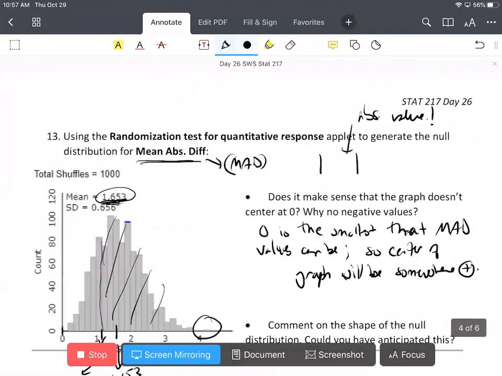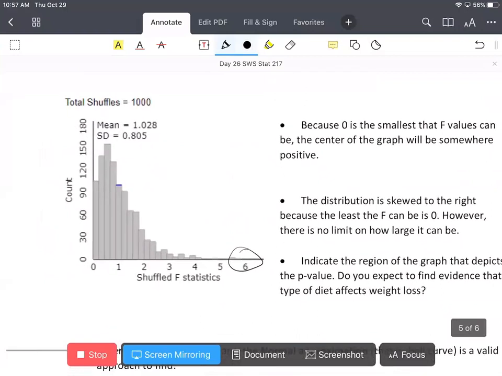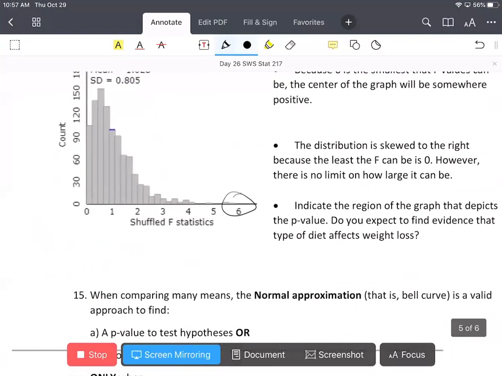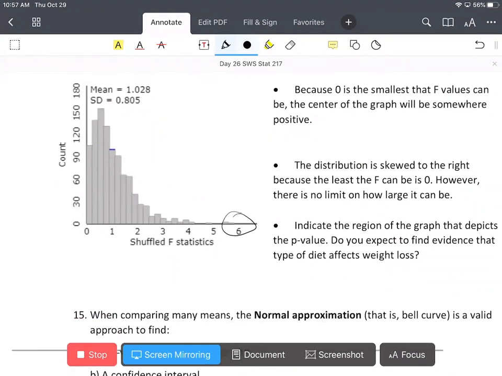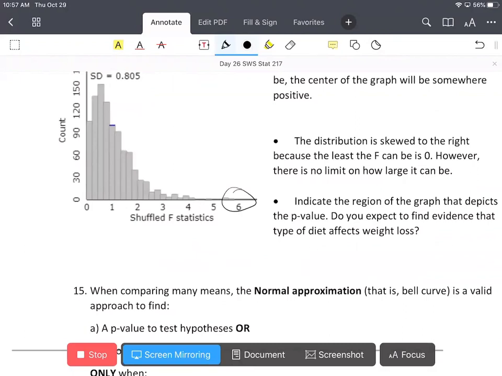So if I go back down to where we were here, the mean is 1. My F statistic was 0.54. That's like right here.